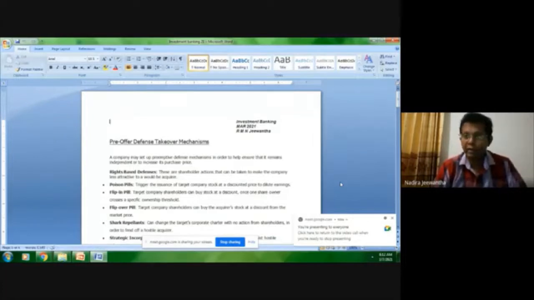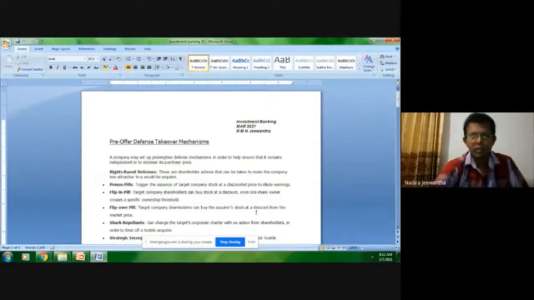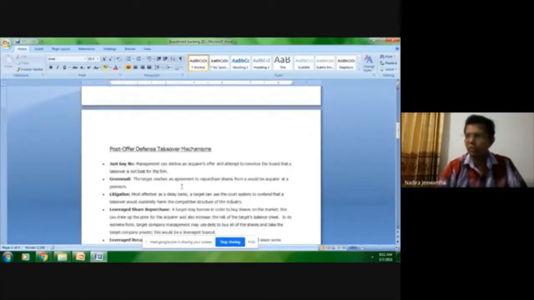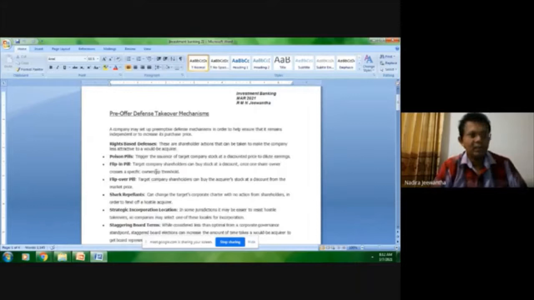How do you prevent a takeover or acquisition? Once you have been acquired, how do you act post-acquisition? That is a defense mechanism. One is after you are acquired, the other is before you are acquired. So there are defensive mechanisms available.